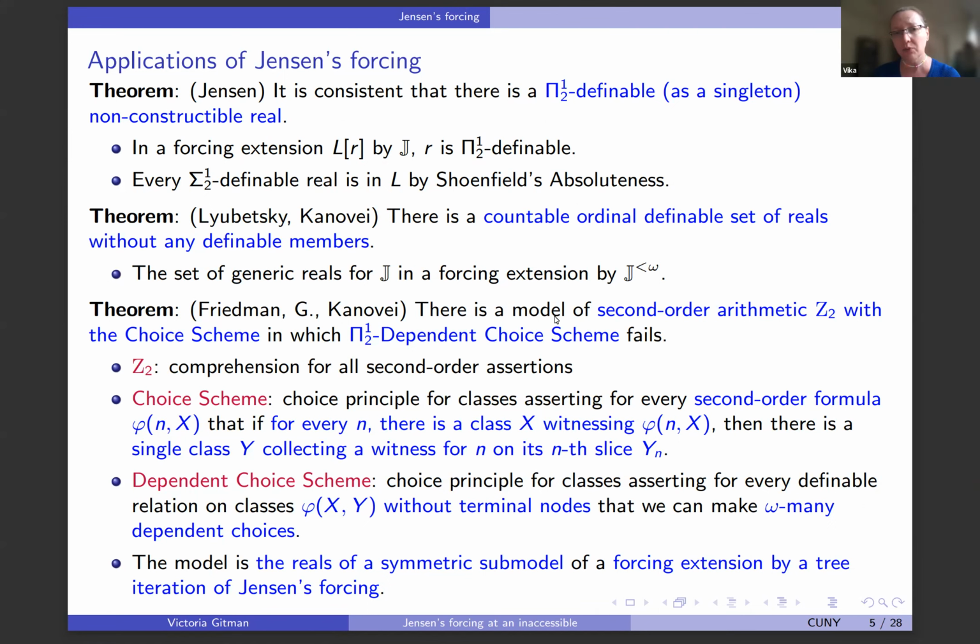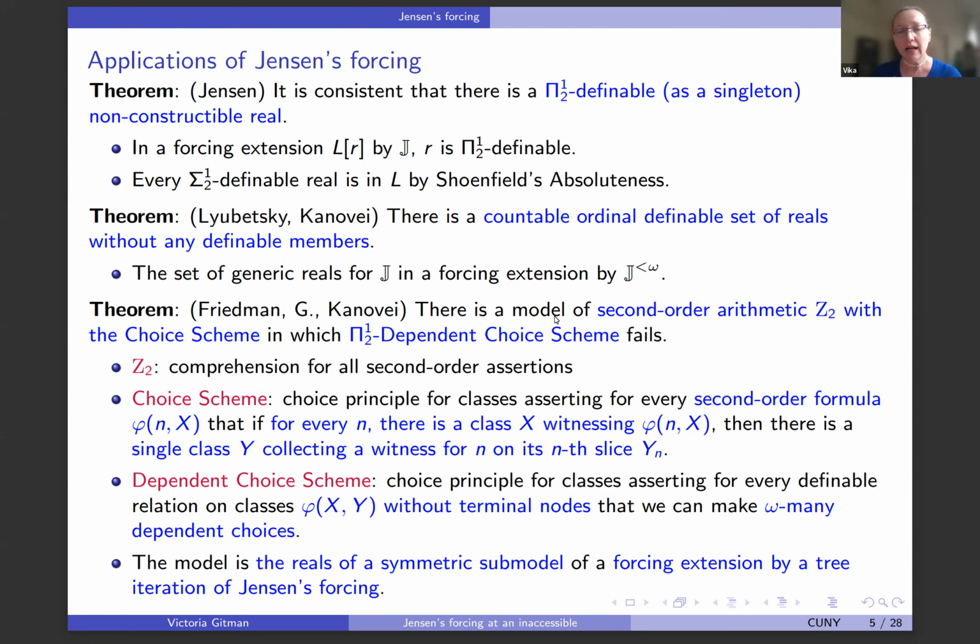The weakest theories will have only comprehension for first order formulas, and stronger theories have more and more comprehension. Z_2 is called full second order arithmetic. It has comprehension for all second order assertions. Comprehension is, of course, what kind of formulas define a class. So if you have comprehension for all second order assertions, it means that any second order assertion defines a class.